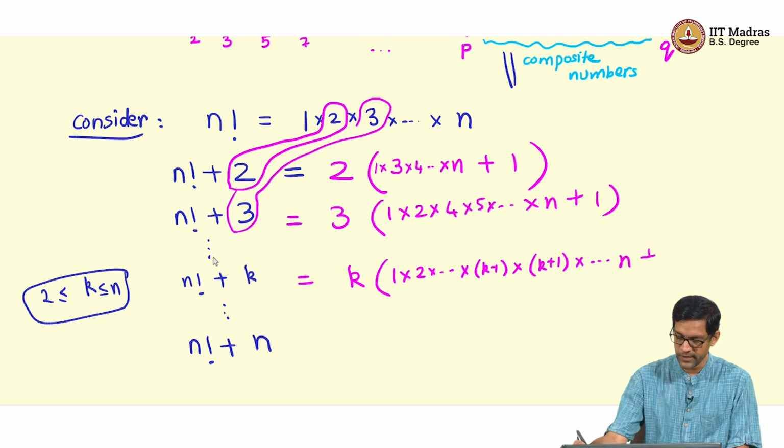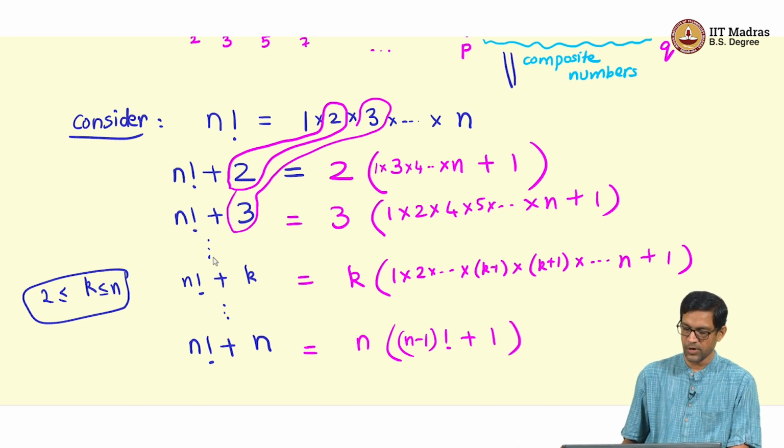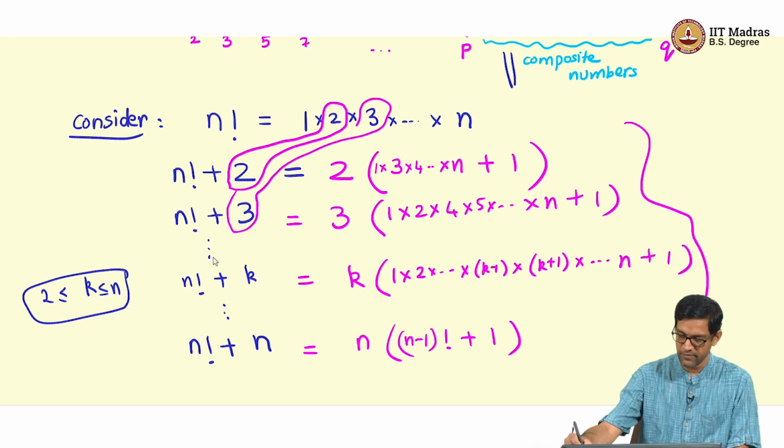So I have omitted k here, plus 1, and the last one is just n, and this is in fact n minus 1 factorial, the product of the remaining numbers. So what we have done is to show that every one of these numbers we constructed is composite by explicitly writing out some factors.